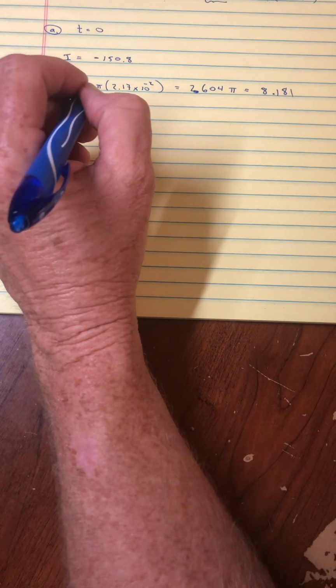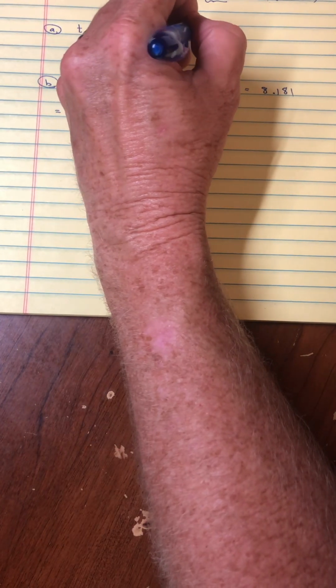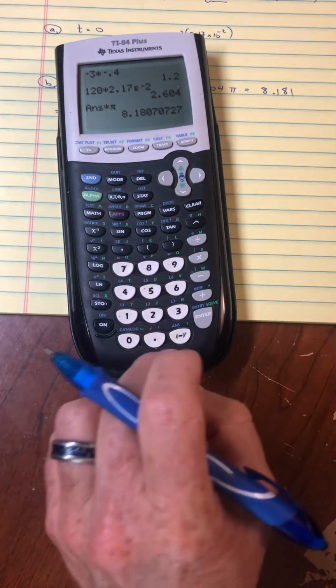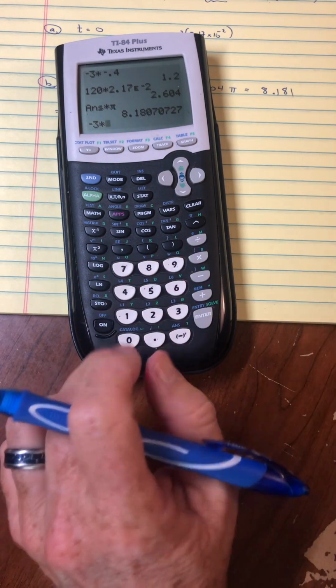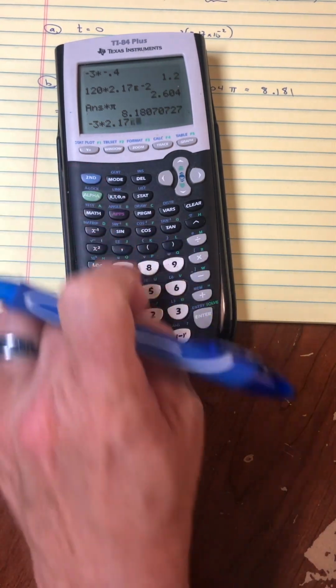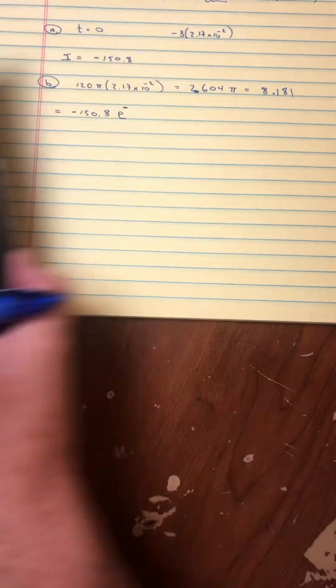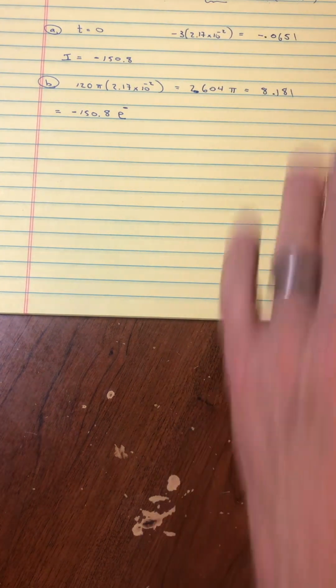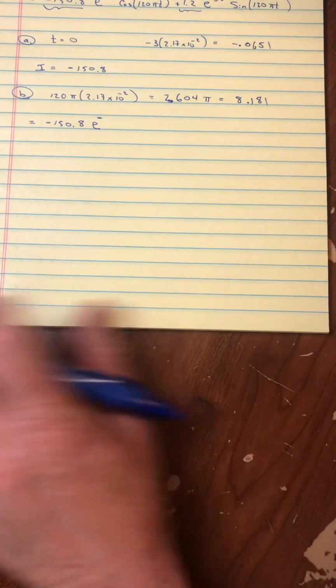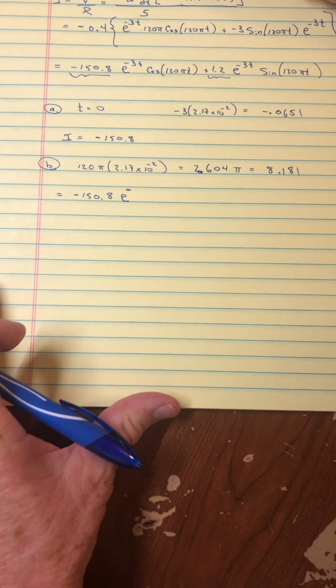negative, well, maybe I should do that number too. What is negative 3 times 2.17 times 10 to the minus 2? So negative 3 times 2.17 times 10 to the negative 2 makes a negative 0.0651. Yeah, move that down so you can see it a little better.